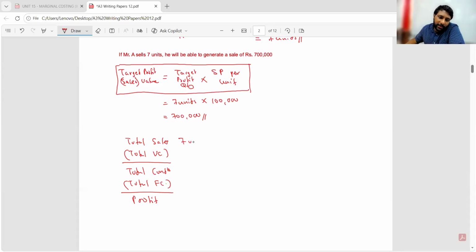We'll do it for 7 units. Each unit 100,000, so 700,000. Total variable cost: 7 units, each unit 60,000. Then how much is here, people? 420,000.